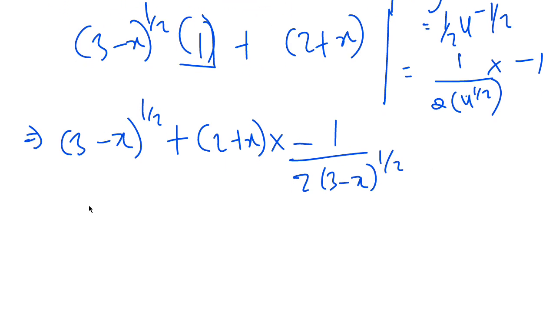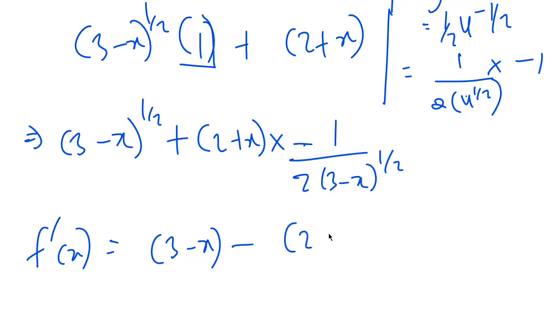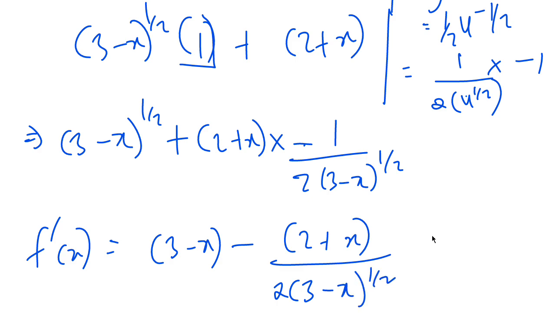So at the end of the day, the first derivative of the function is, minus times plus is minus, right? So that's minus 2 plus x all over 2 into 3 minus x to the power half. Do you understand? These are also the kind of things you are likely to face.